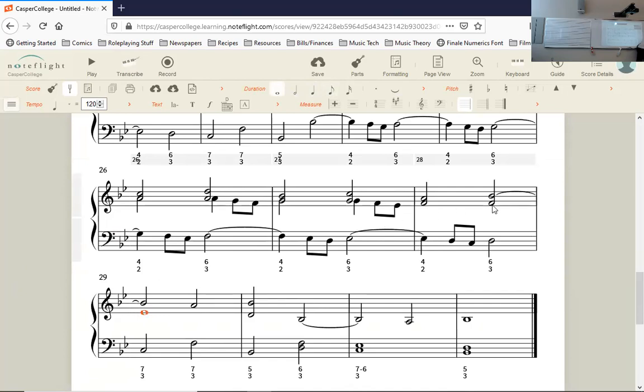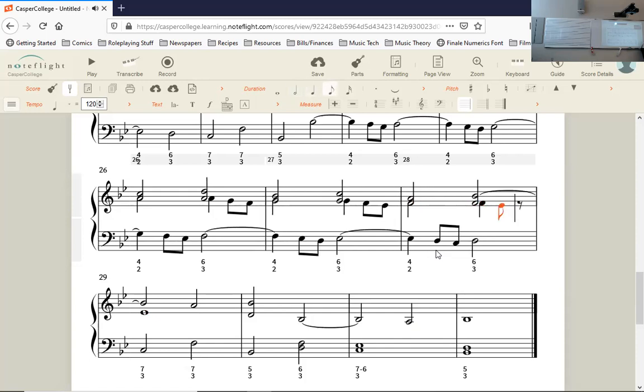Wait, no, you do one more because it goes F to B flat. One more proposta riposta. Good. And get rid of those.